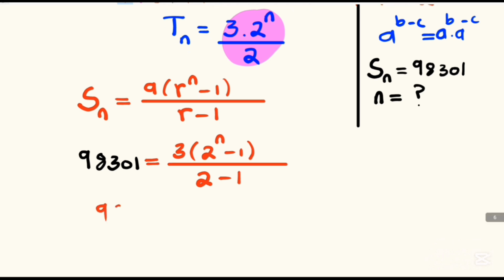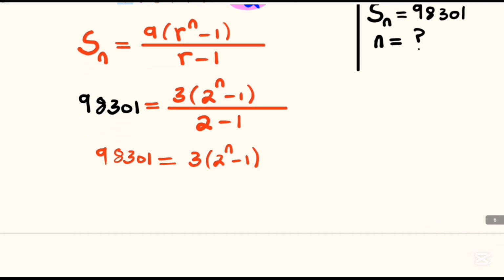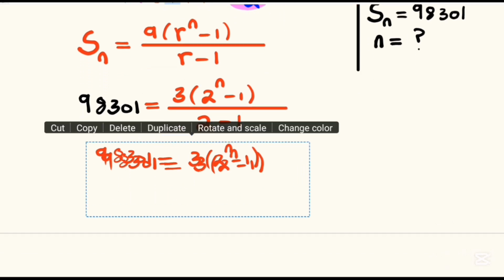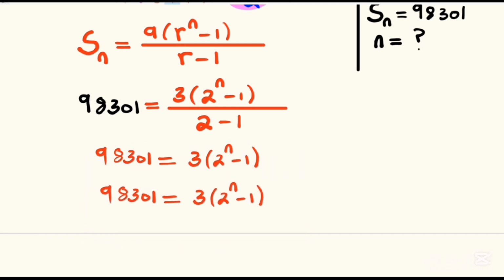So we have 98,301, which will be equals to 3 multiplied by 2 raised to the power n minus 1. The 2 minus 1 in the denominator will be 1. We divide both sides of the equation by 3.